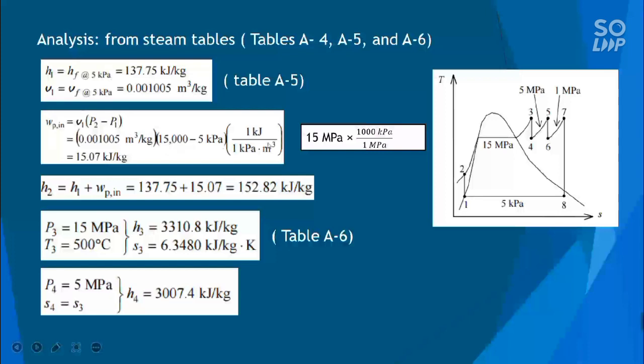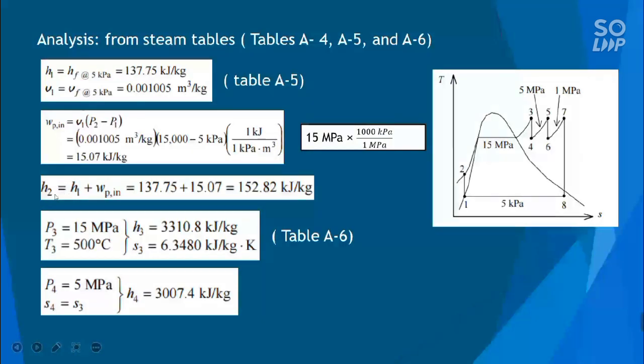This 15,000 here is from our given, which is 15 megapascal, and we multiplied it by 1,000 kilopascal over 1 megapascal so that we can convert megapascal to kilopascal. So we have 15,000 kilopascal minus 5 kilopascal multiplied by 1 kilojoule over 1 kilopascal cubic meter. Solving this equation, we get 15.07 kilojoule per kilogram.